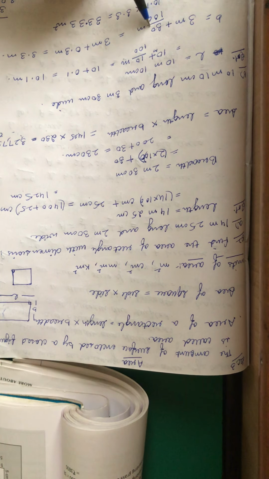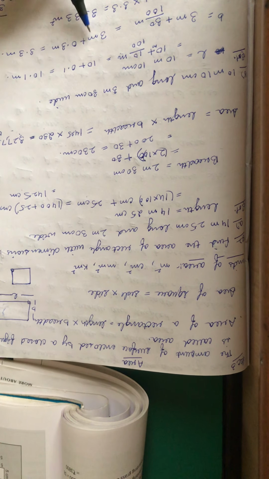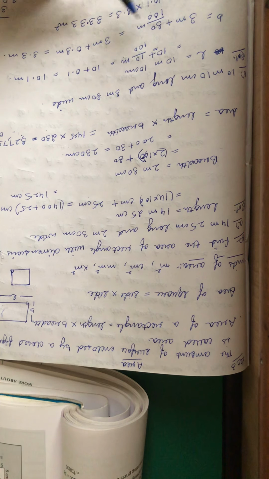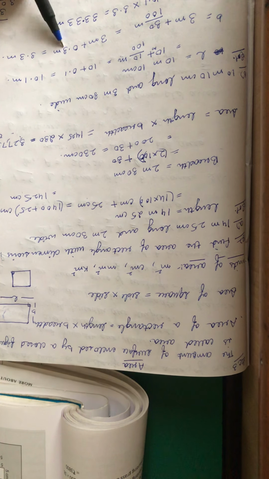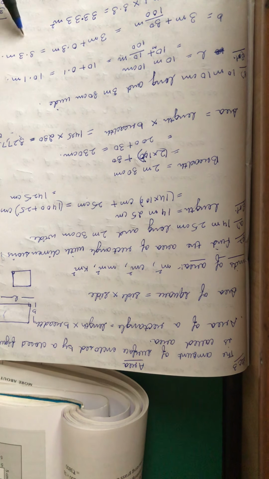So again divide it by 100, it will be 3.3 meter, because here it is 3 meter plus 30 by 100, this 0 will cancel, 3 by 10 means 0.3. So 0.3 means it is at the tenth place. So we will write it 3.3 meters.